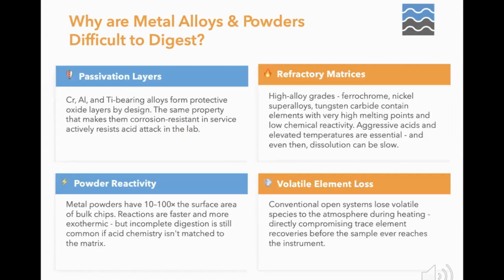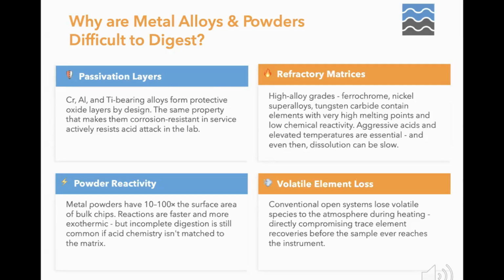So let's look at metal alloys and powders specifically. Why are these sample types difficult to digest? We're all aware of the passivation layers that can get created in chromium, aluminum and titanium bearing alloys, a protective oxide layer that is kind of by design, really. It's the same property that makes these metal types corrosion resistant, and it's the same thing that makes them challenging to digest in the lab.